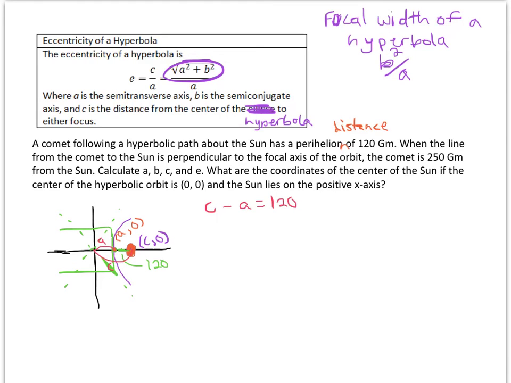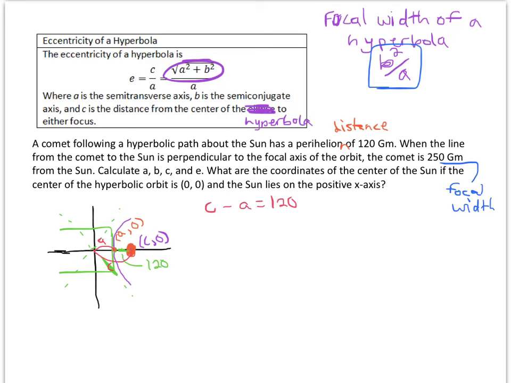The other thing we can know comes from the book, where they ask us in an exercise to prove it, but we're not doing that exercise. They say the focal width of a hyperbola is b squared over a. When the line from the comet to the sun is perpendicular to the focal axis of the orbit, the comet is 250 GM from the sun. Well, that's going to be our focal width, and that's going to be helpful to us.